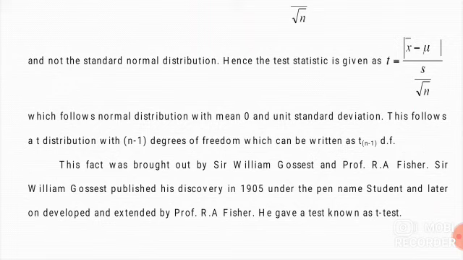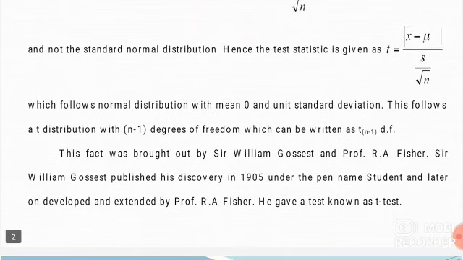Dear students, this fact was brought out by Sir William Gosset and Professor R.A. Fisher. Sir William Gosset published his discovery in 1905 under the pen name Student, and it was later developed and extended by Professor R.A. Fisher. He gave a test known as the t-test.